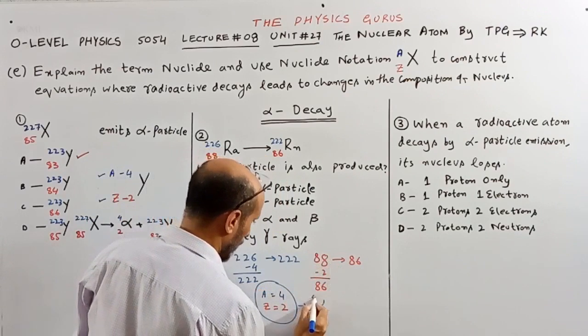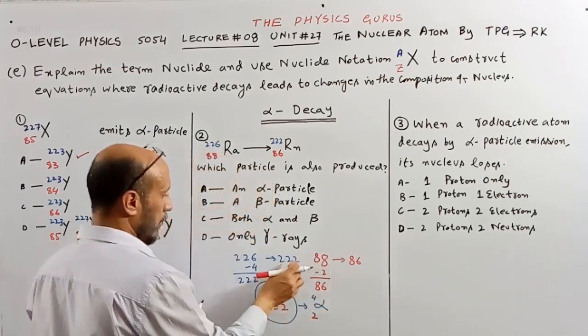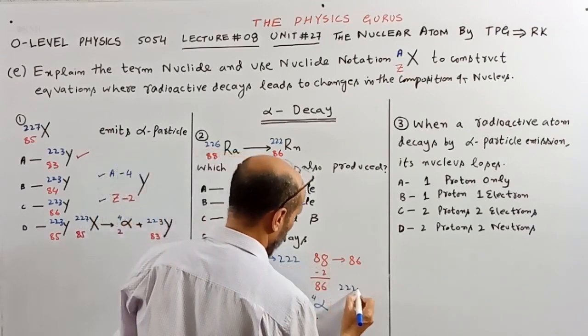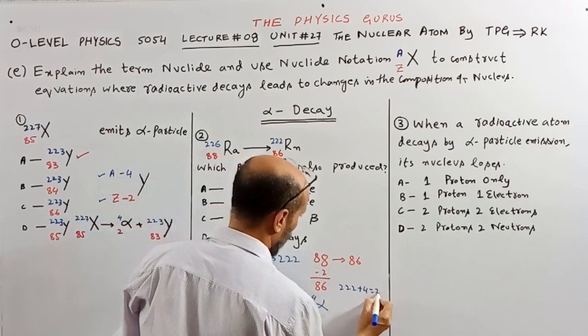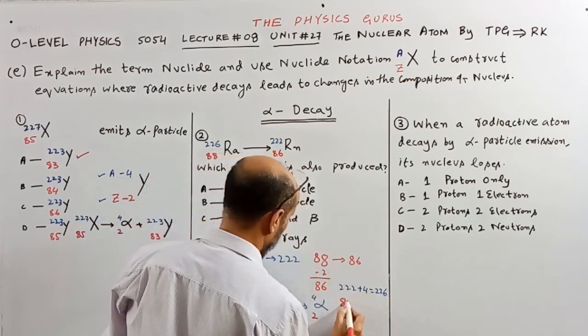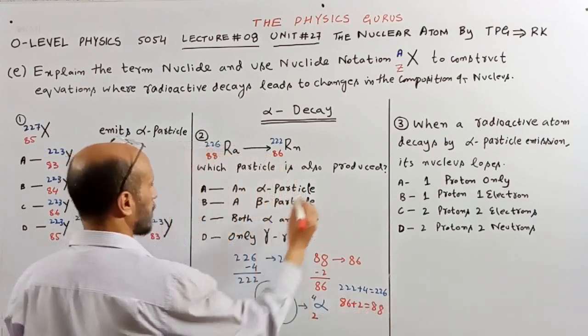So 222 plus 4 is equal to 226, and 86 plus 2 is equal to 88. Which option is correct?